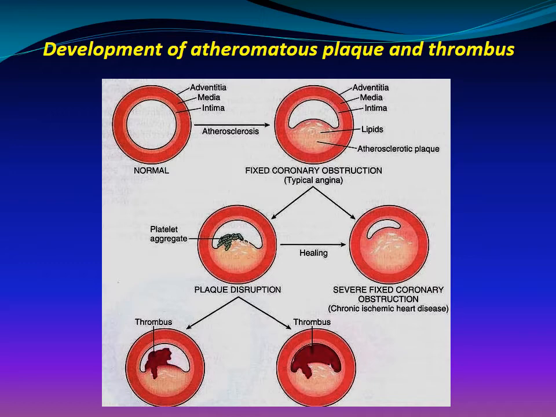Atherosclerosis develops progressively with inflammation, lipid deposition, and atherosclerotic plaque formation, which causes fixed coronary obstruction. Fixed coronary obstruction can develop into severe coronary obstruction and induce platelet aggregation, subsequently plaque disruption and thrombus formation.